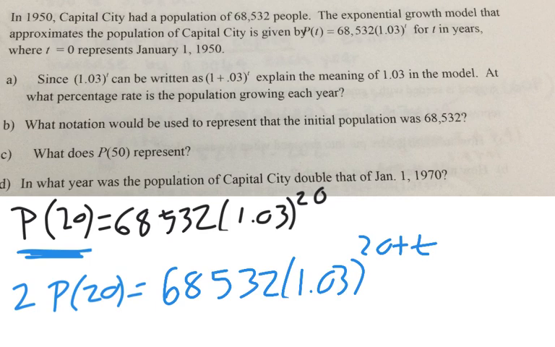Because I need to know how many years in the future, so that's the t I'm looking for. I know it's from the starting point of 1970. How many more years do I need to go so that I can double what it was at 20?